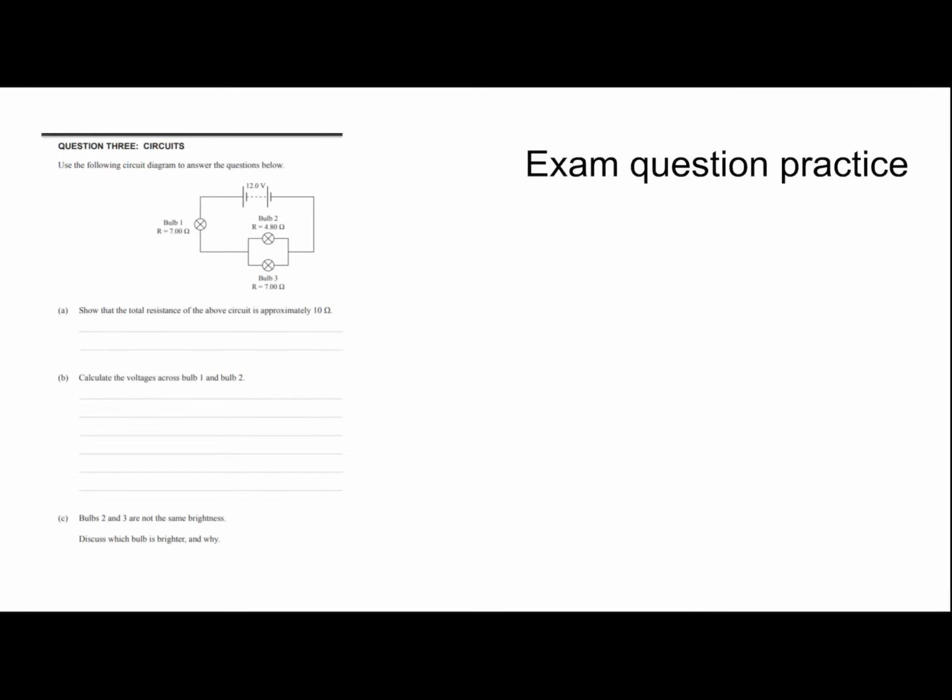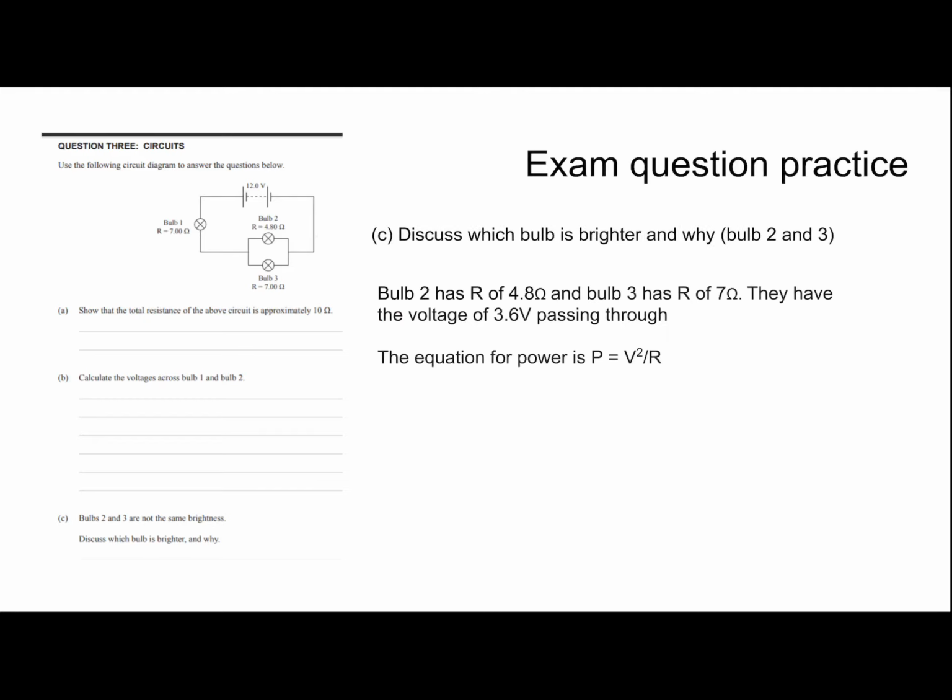Looking at the final question, bulbs 2 and 3 are not the same brightness. Explain why. Bulb 2 has a resistance of 4.8 ohms and bulb 3 has a resistance of 7 ohms, as you can see in the diagram. They have a voltage of 3.6 volts passing through, as we saw in the last question.